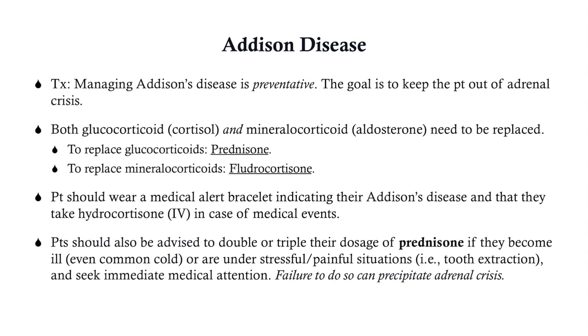Now, one thing I do want to point out here is that when you have a primary hypoadrenalism, primary adrenal insufficiency, what's going to happen is you're going to have a loss of negative feedback to the hypothalamus. That's going to result in CRH from the hypothalamus, and that will trigger from the pituitary something called POMC. I can't remember what that stands for, but you can look it up. It doesn't matter.